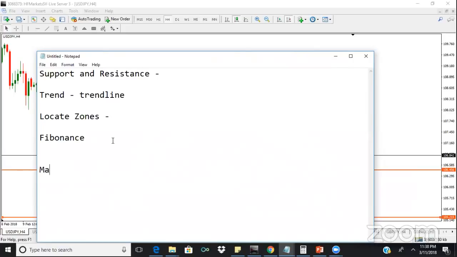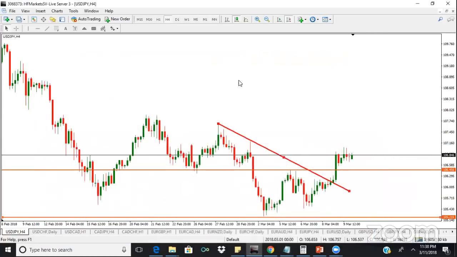And so you want to work with what is called price action. Now, these are the things you want to check out in the course of the new week.